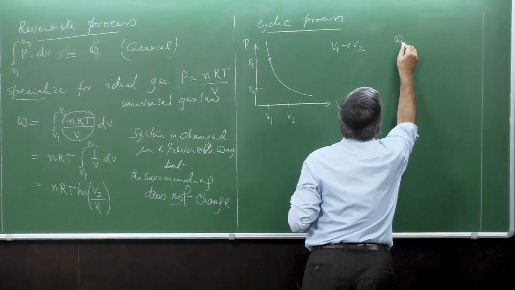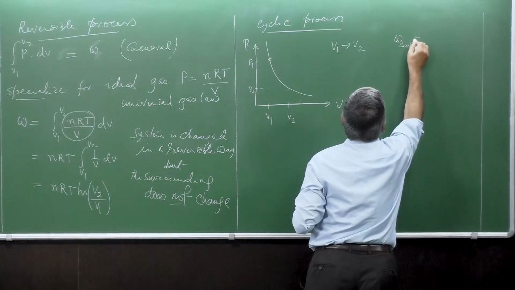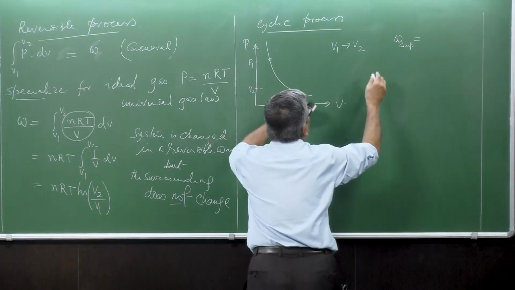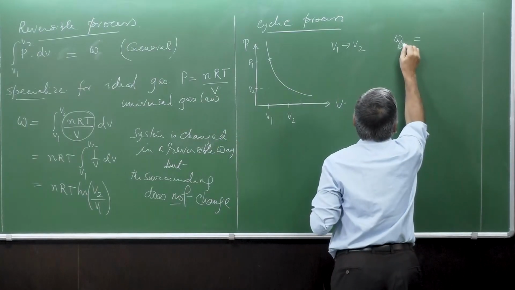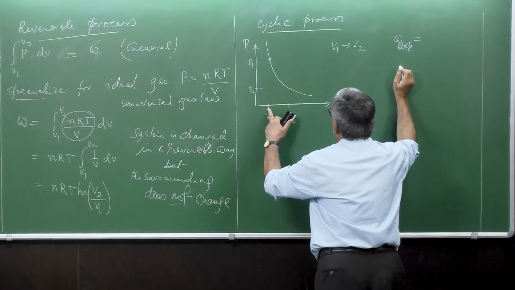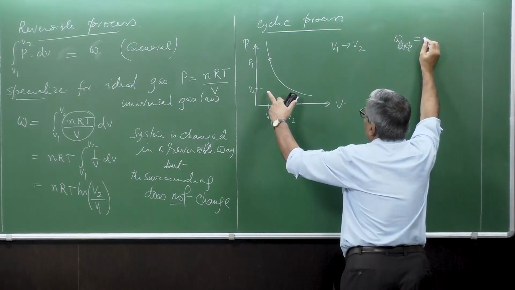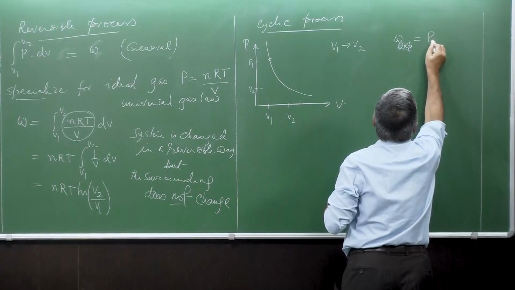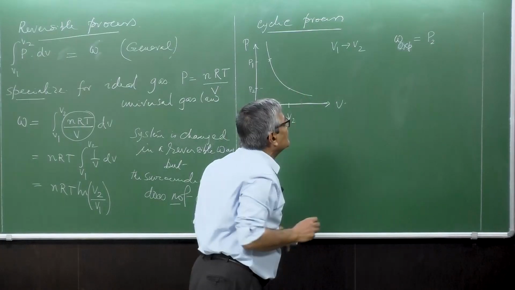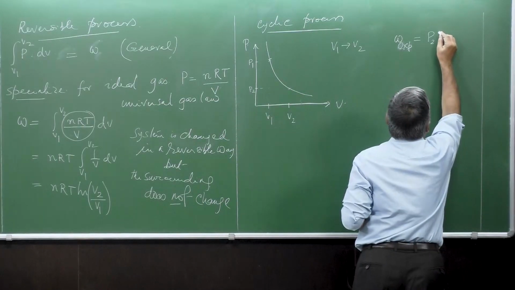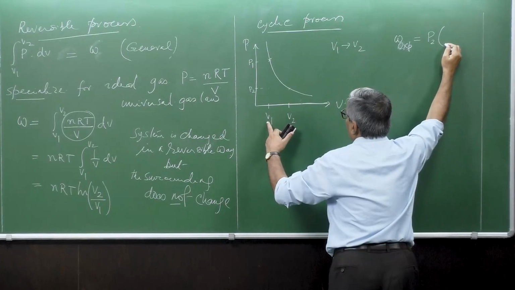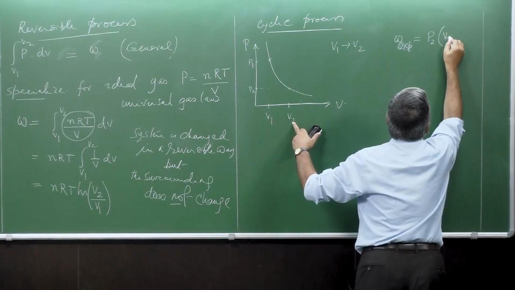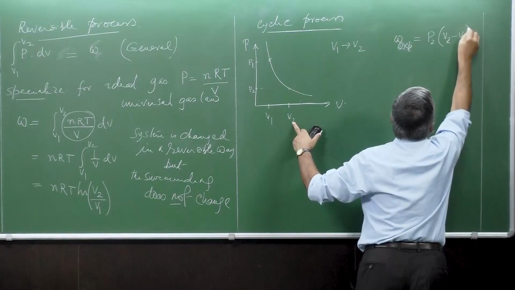The work of expansion here from V1 to V2, where I choose my pressure to be P2, the final pressure corresponding to V2, is P2 times V2 minus V1.